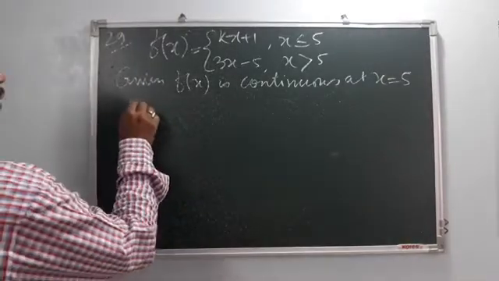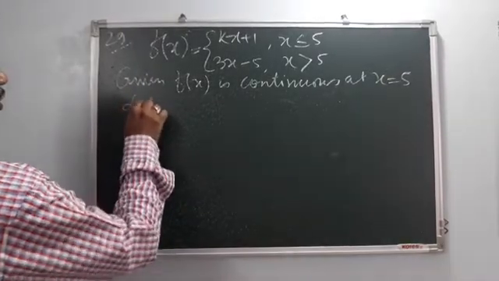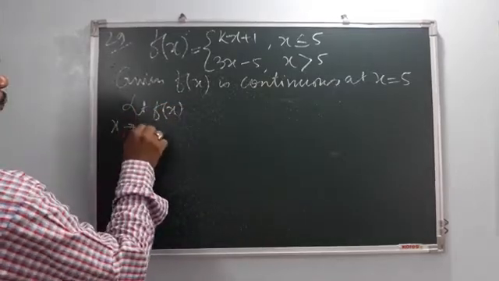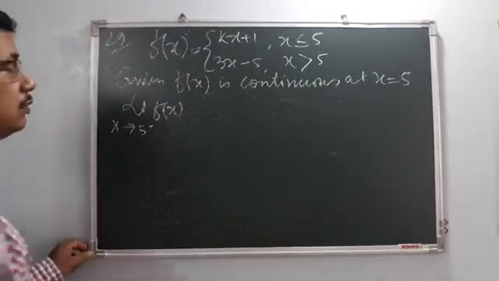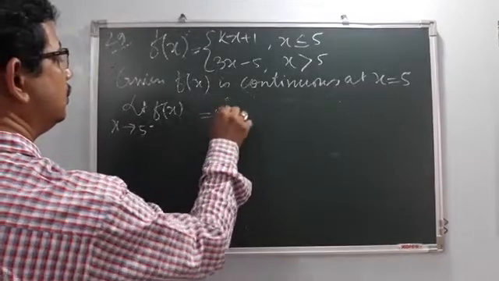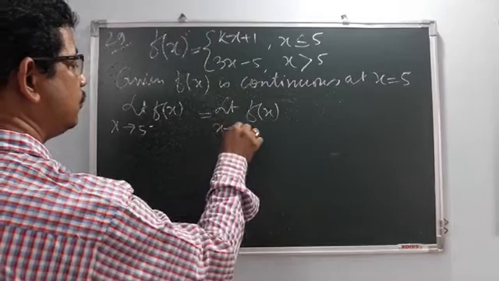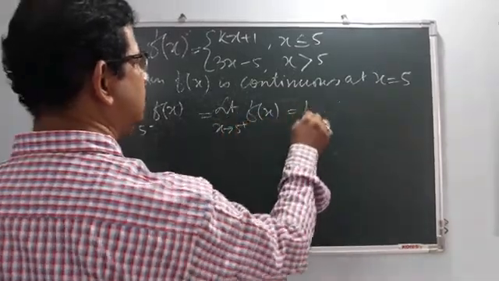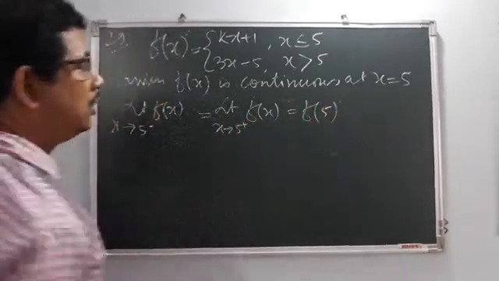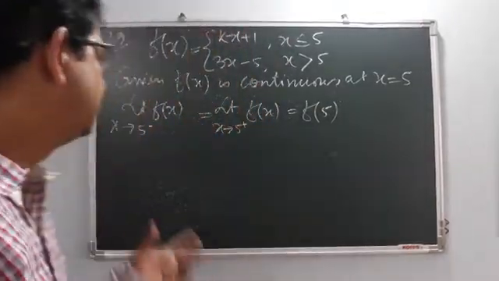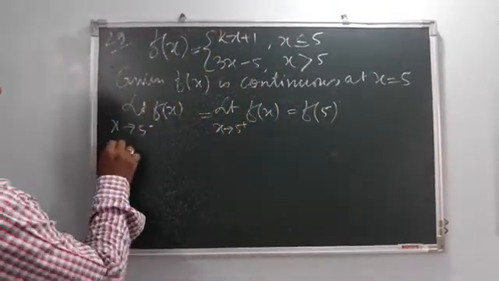So of course our left hand limit, that is limit f(x) as x tends to 5 minus, is equal to limit f(x) as x tends to 5 plus, is equal to f(5). We know LHL is equal to RHL is equal to f(5). So that formula we have used.